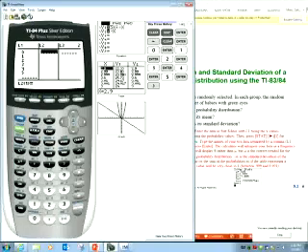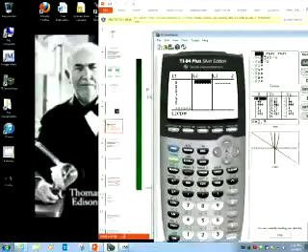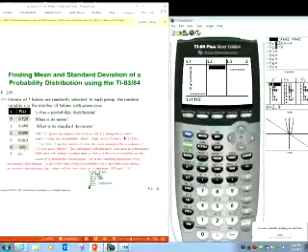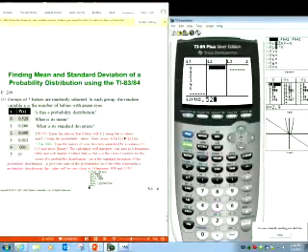Yes, because it's practically 0 and you don't have to enter that 0. 0.528, 0.360, 0.098, 0.013, 0.001, and 0.